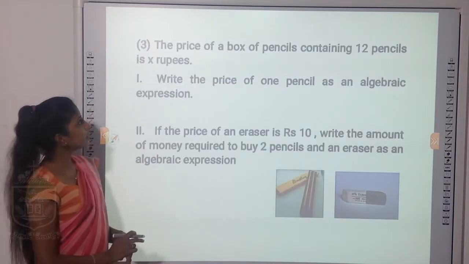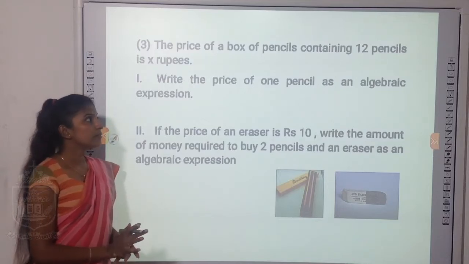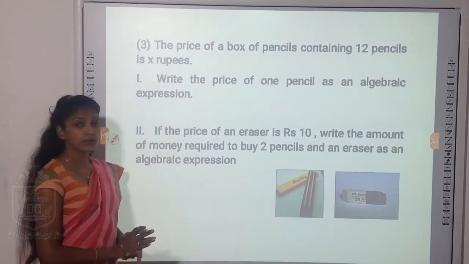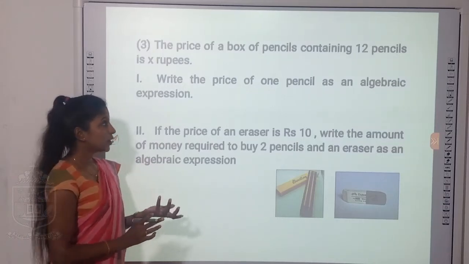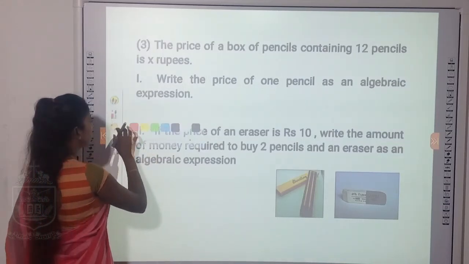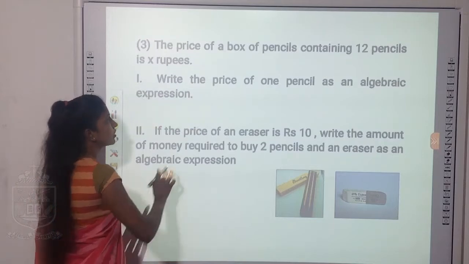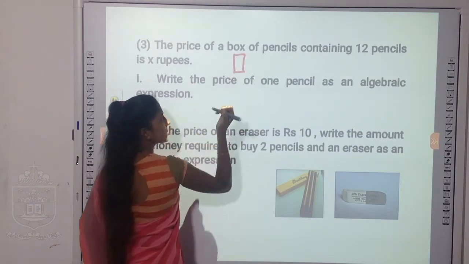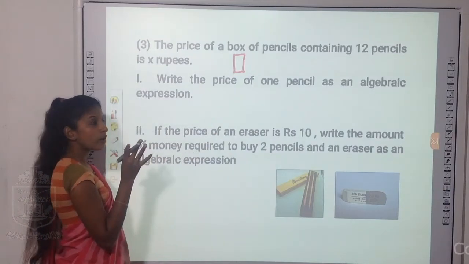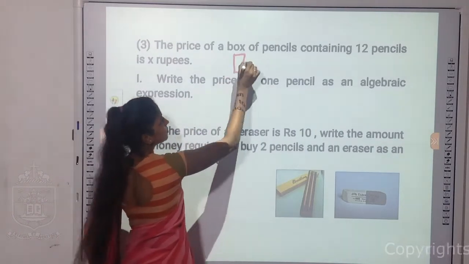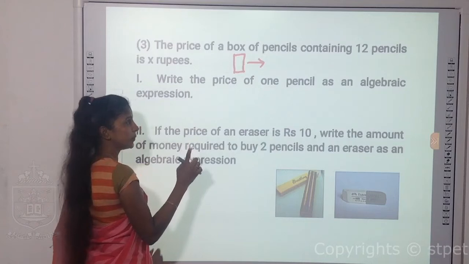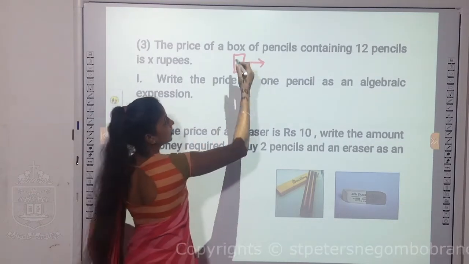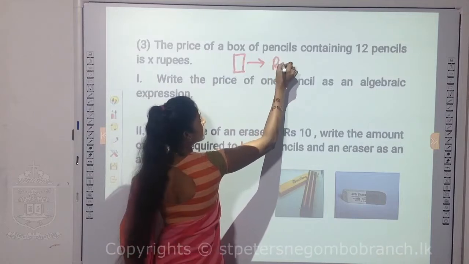Right, another one. Here you are given that the price of a box of pencils containing 12 pencils is X rupees. In a box of pencils you have 12 pencils, right? So think there are 12 pencils in this box. The price of the total box, not the price of a single pencil, is X rupees.